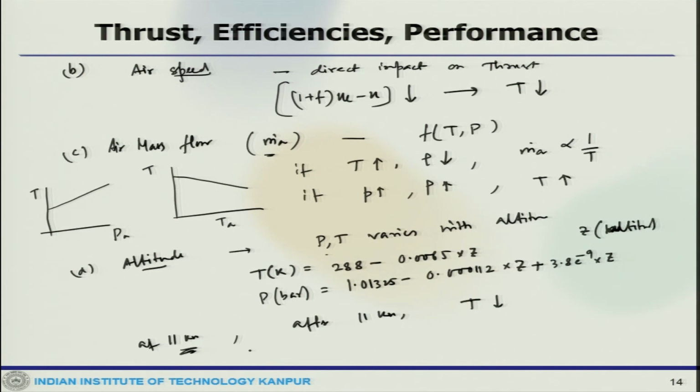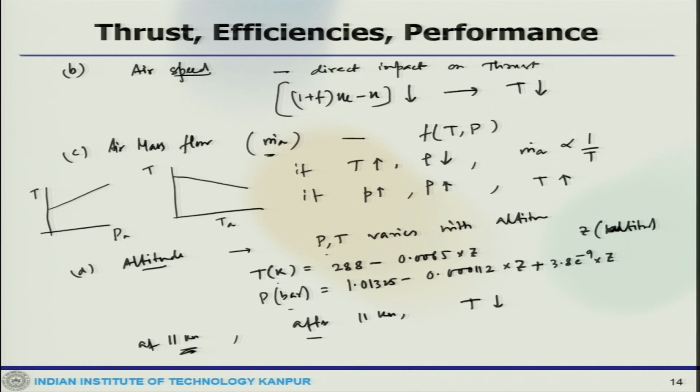In one word, one can conclude that thrust is really a function of density, because when you change the altitude, pressure changes, temperature changes, so density changes, obviously mass flow rate changes, and the thrust is going to be affected.